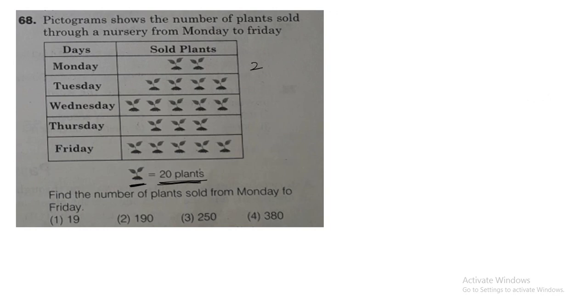Here it is 2, here it is 4, 5, 3, 5. So 5 plus 5 is 10, 10 plus 4 is 14, 14 plus 2 is 16, 16 plus 3 is 19. So totally 19 are given, and each represents 20 plants. So 19 into 20. 19 2s are 38, followed by a 0.